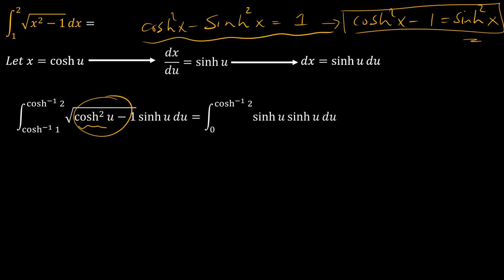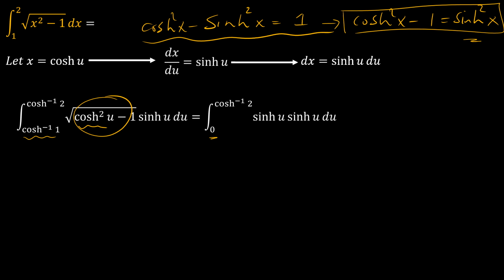This square root becomes hyperbolic sine of u. It's a known fact that the arc hyperbolic cosine of 1 is 0, so the lower limit goes to 0.